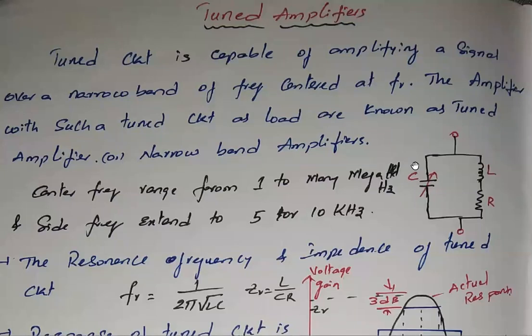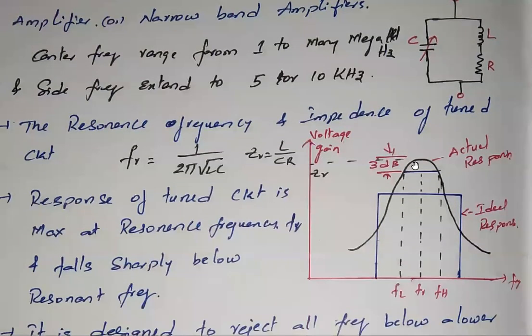The amplifiers which amplify such a center frequency with side bands are known as tuned amplifiers or narrow band amplifiers. Here we can observe the center frequency and side bands will vary within the range of 5 to 10 kilohertz.